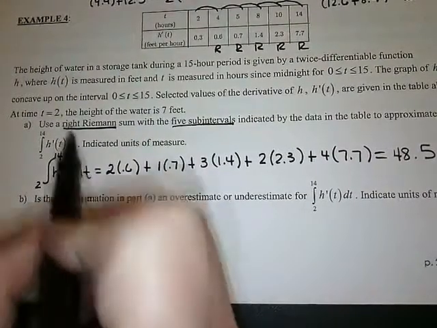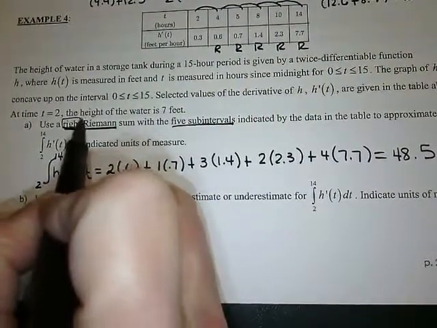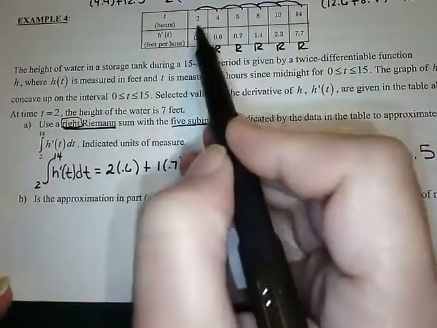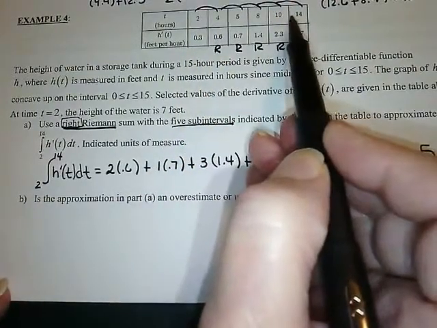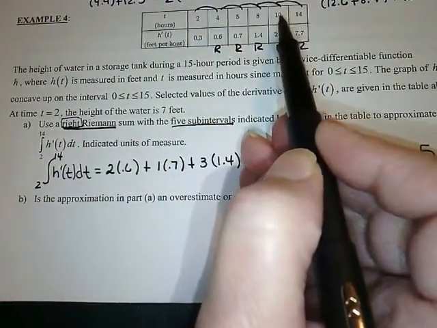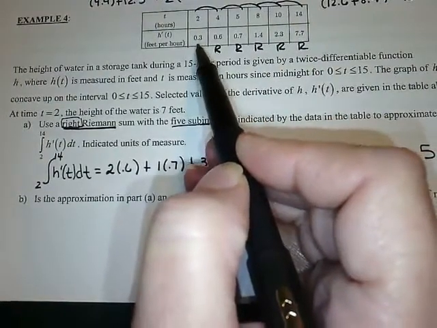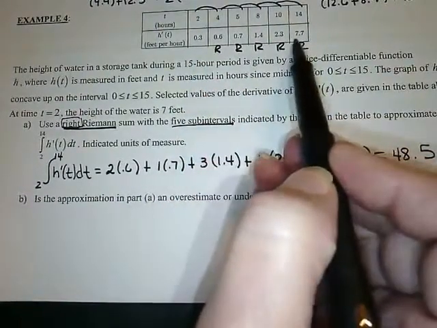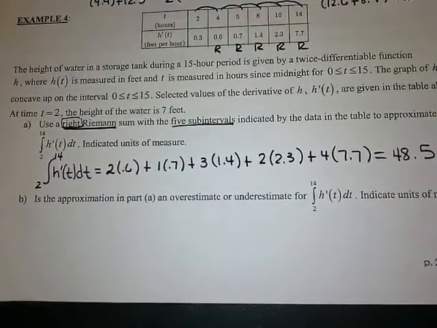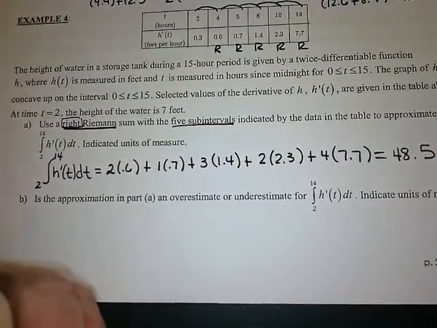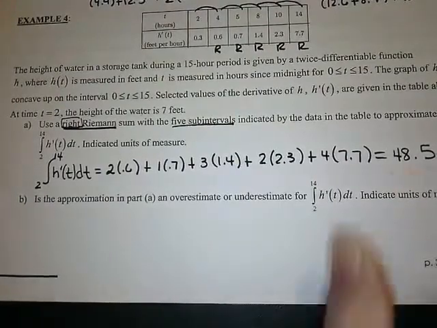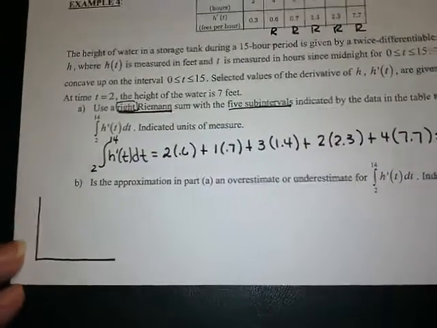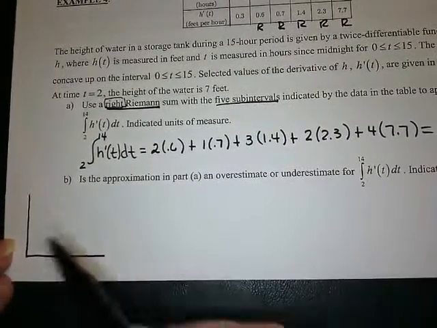And on part A, we did a right Riemann sum. Okay, so if we notice that t is going from 2 to 14, and this is going from 0.3 all the way to 7.7. So we know, if I drew my little picture, I could go back and remember, but sometimes it just helps if you can think in terms of a picture.